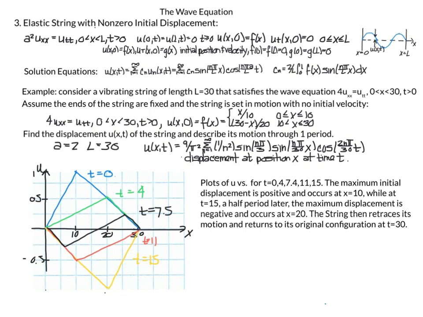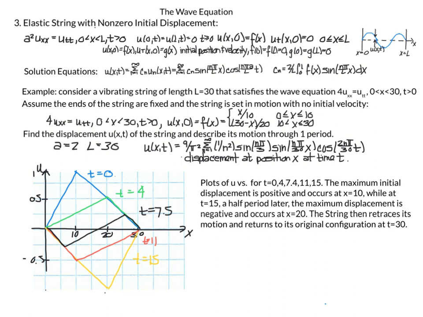And here I chose different values of t, so I plugged in t equals 0, and then I graphed x versus u of x,0. That was this blue graph, and then I plugged in t equals 4, and I plotted x versus u of x,4. That was this green graph, and you can see I have other graphs as well.